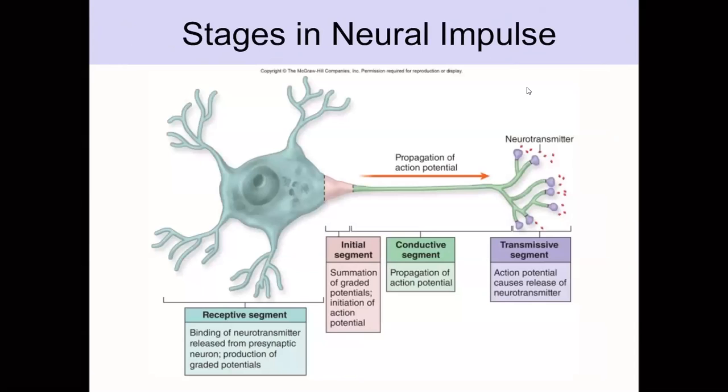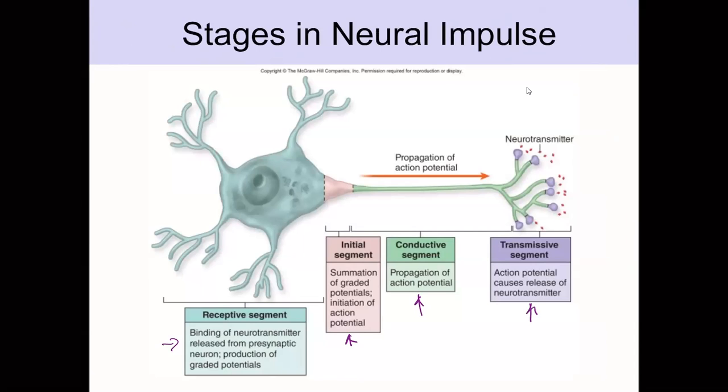Now, these are the stages that we talk about when we talk about a neural impulse. I have two other videos that go into this that I'm going to refer you to. There's receptive, an initial segment, a conductive segment, and a transmissive segment.